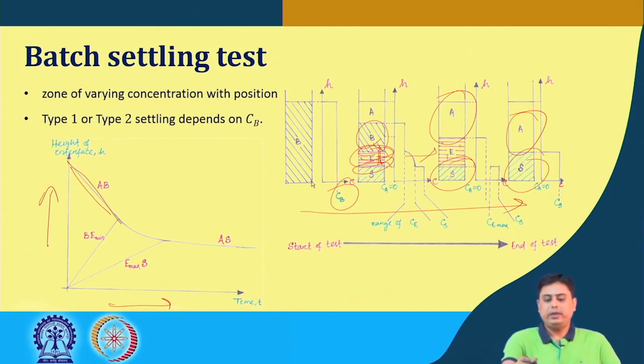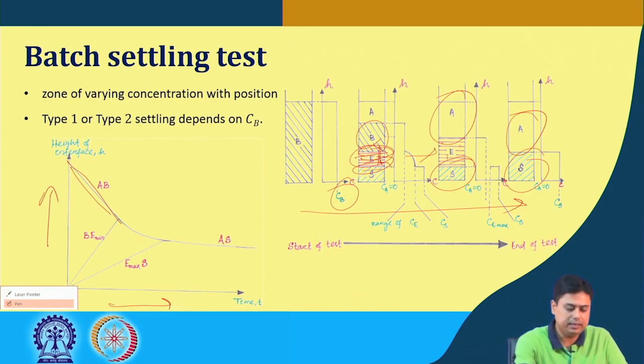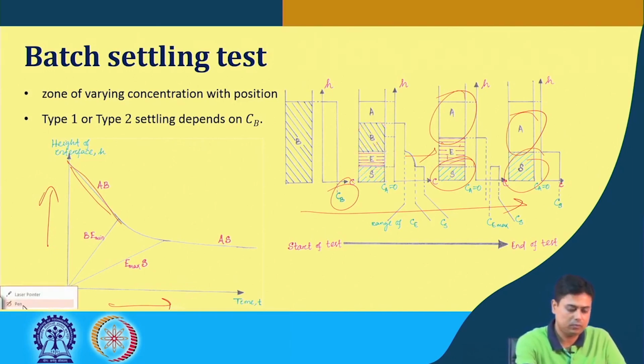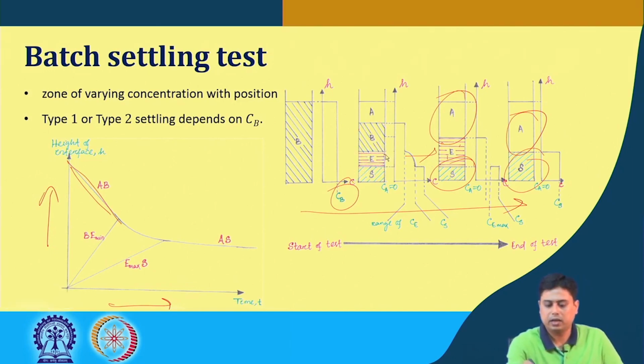So, which means we have two other interfaces, that means the B E min interface, and here somewhere we have the E min concentration, and here somewhere we have the E max concentration.